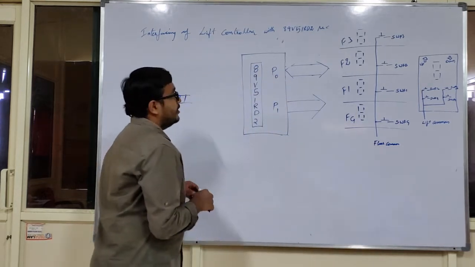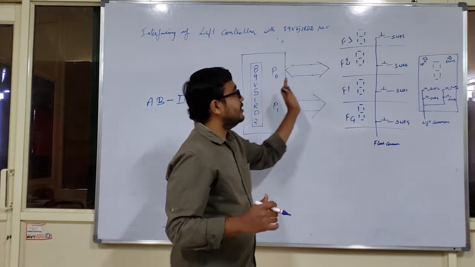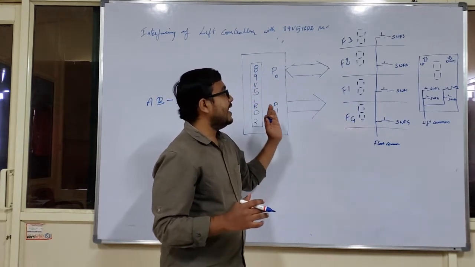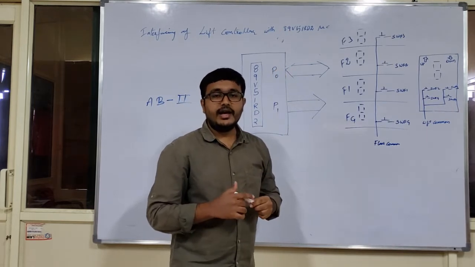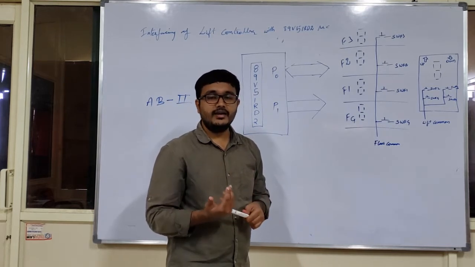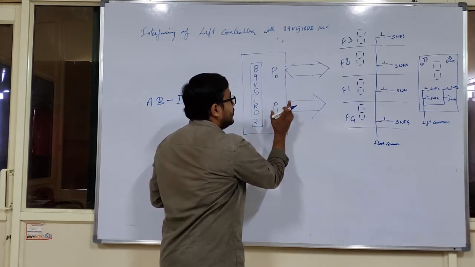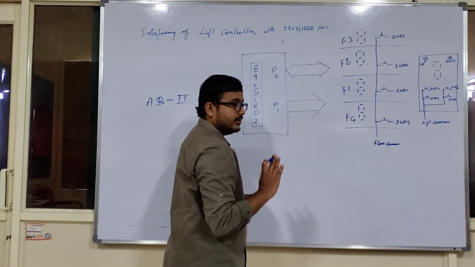Now, P0 as well as P1, I have interfaced with your elevator kit or lift kit here. So what is the action? P0 and P1 act as IO ports. That means each can act as an input port as well as an output port. Now, P1 I have completely dedicated to the output.